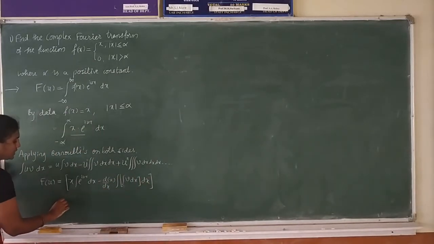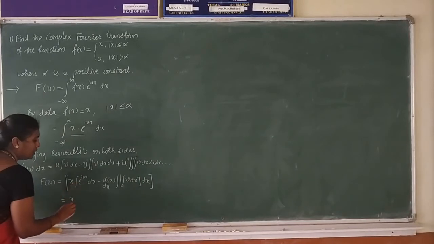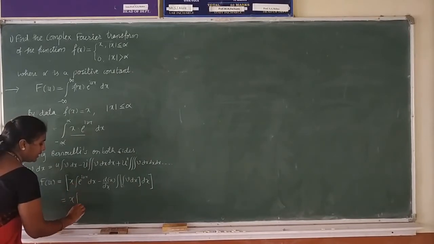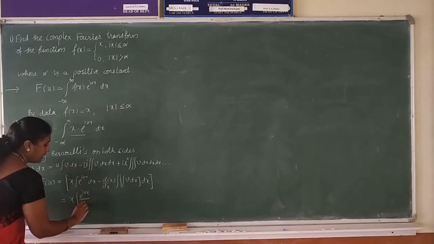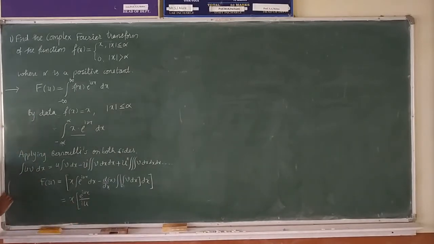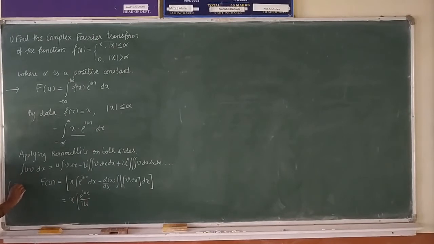That is equal to x into the integration of e to the power iux, which is e to the power iux upon iu. This is like the integration of e to the power ax dx, which equals e to the power ax upon a.